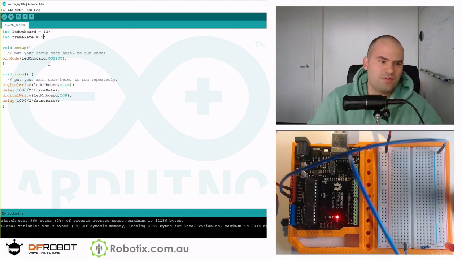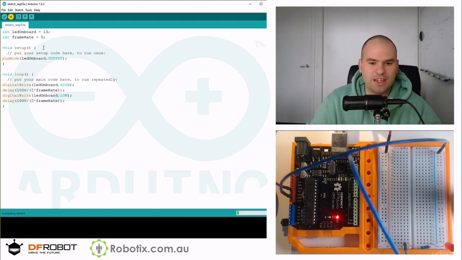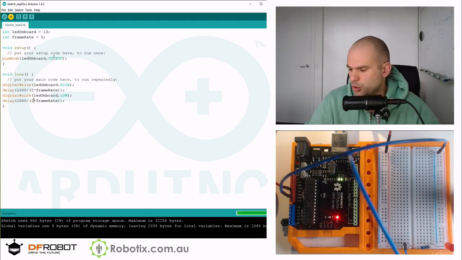I believe that this isn't 1,000 divided by 2 times frame rate. I think that this is 1,000 divided by 2 times the frame rate. Let's try that again. We should be looking at something like, yes, that looks like 5 blinks a second.